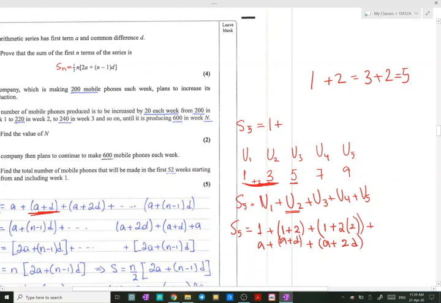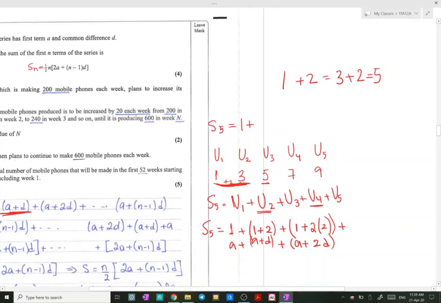Now let's go to term 4. Term 4, I want to write it in terms of the first term and D. We start with 1 plus 2, which is 3. Then I added to the 3 another 2, it became 5. Then I added to the 5 another 2, it became 7. This is the value of the fourth term, which is 7.